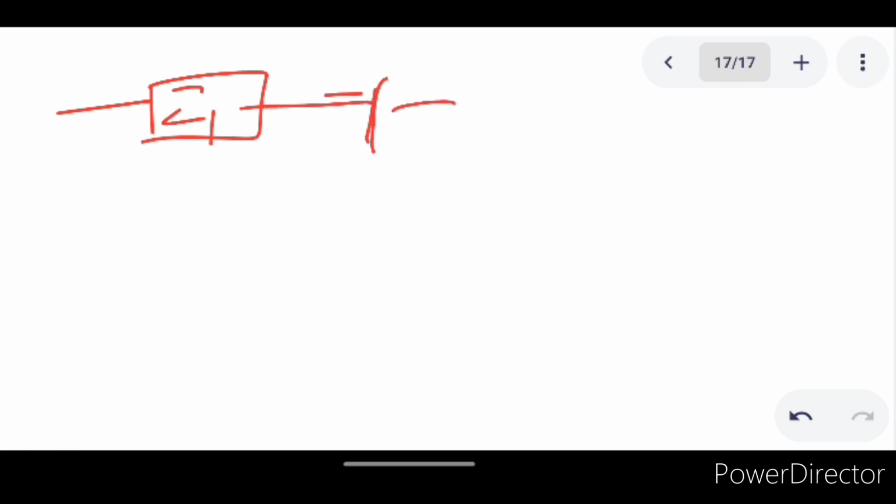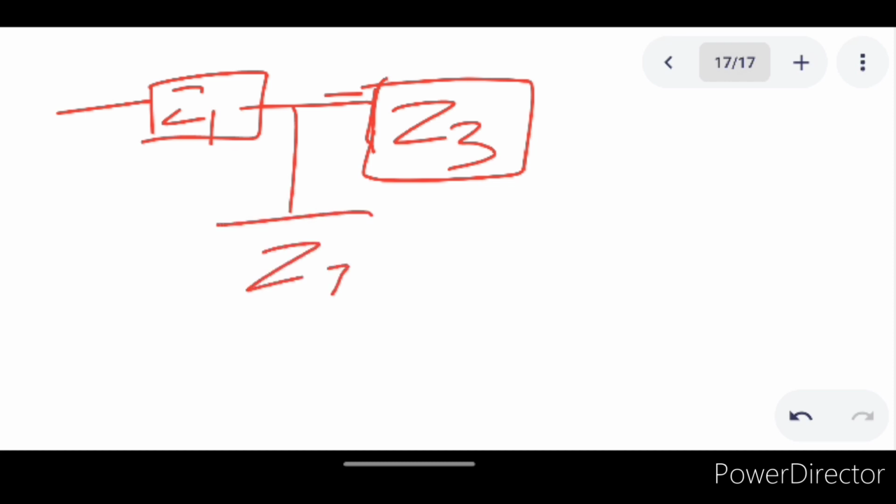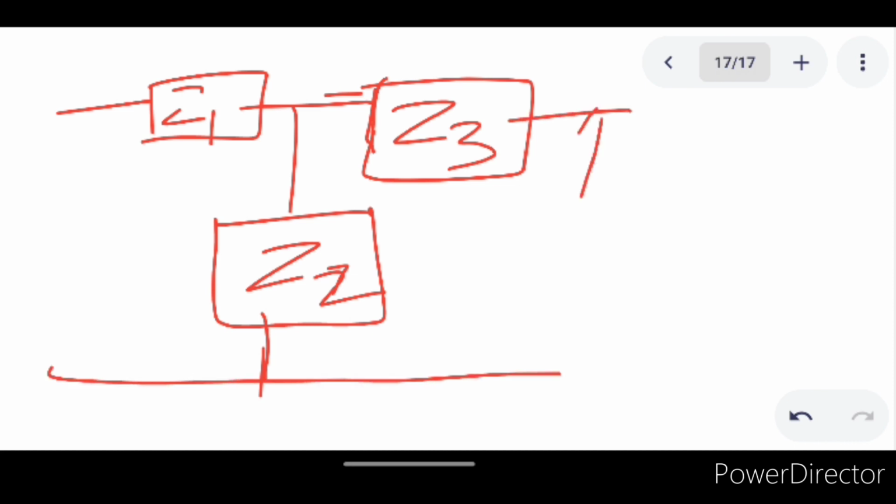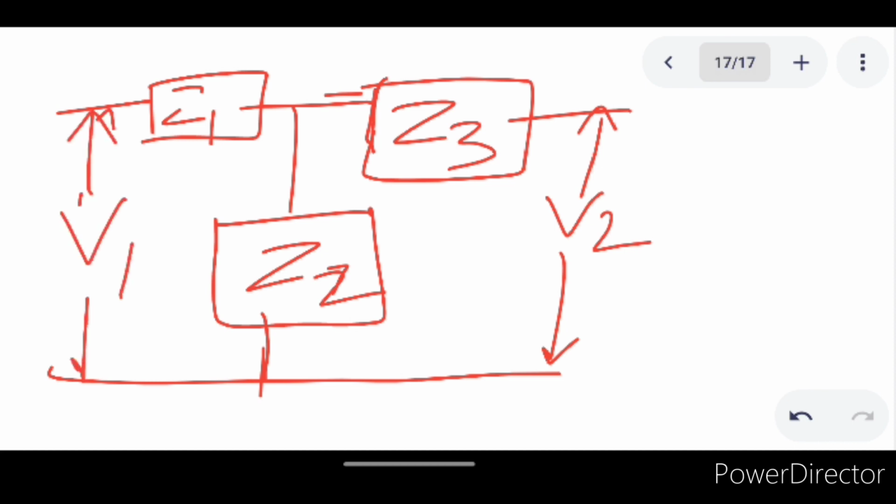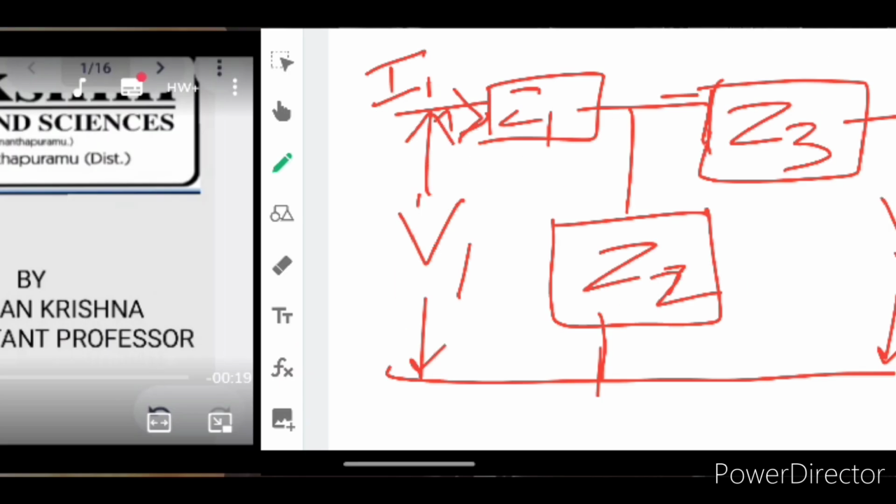Nothing but for the T network of Z1, Z3, Z2, V2, V1, I1.